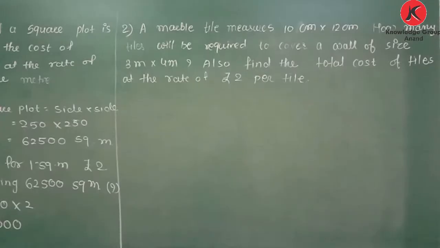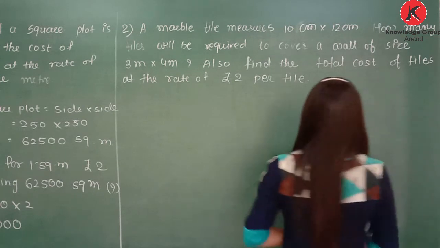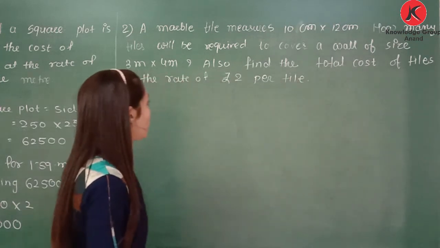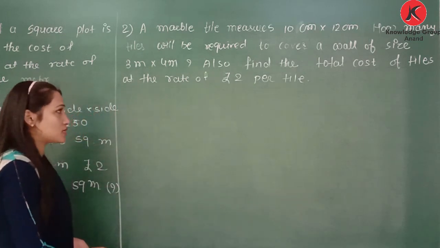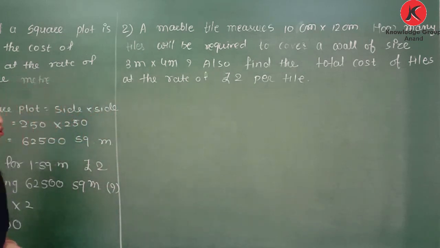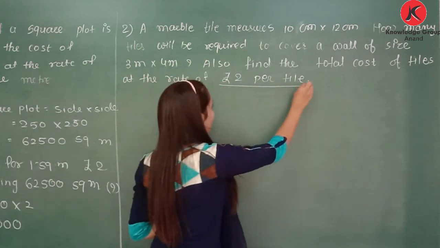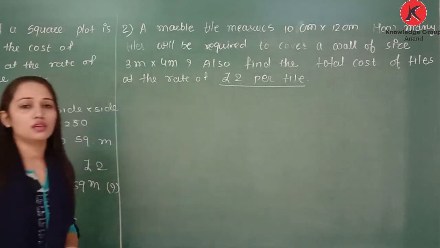Now next question: a marble tile measures 10 cm by 12 cm. How many tiles are needed to cover a wall of size 3 meter by 4 meter? Also find the total cost of tiles at the rate of rupees 2 per tile. Rupees 2 per tile means the cost for one tile is 2 rupees.